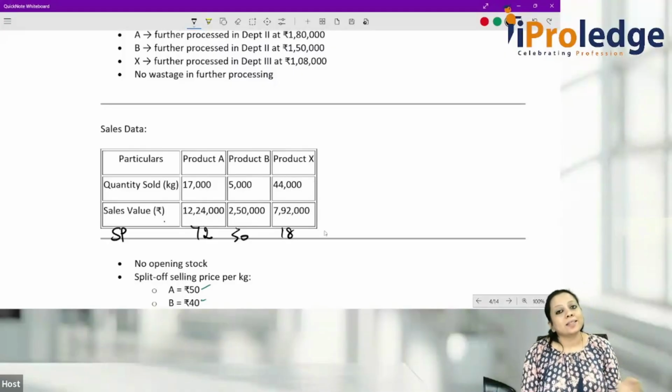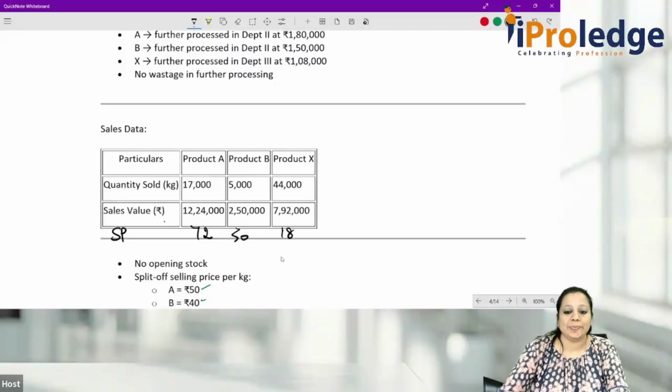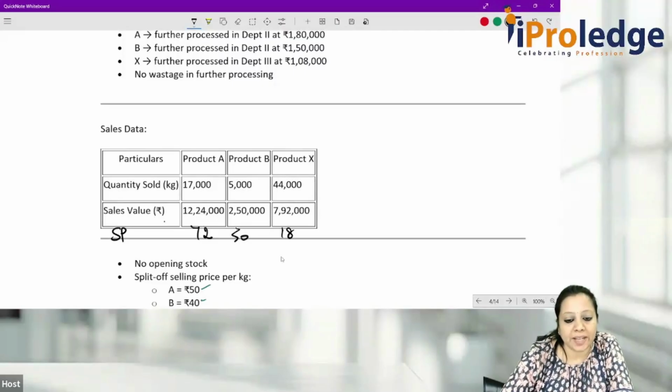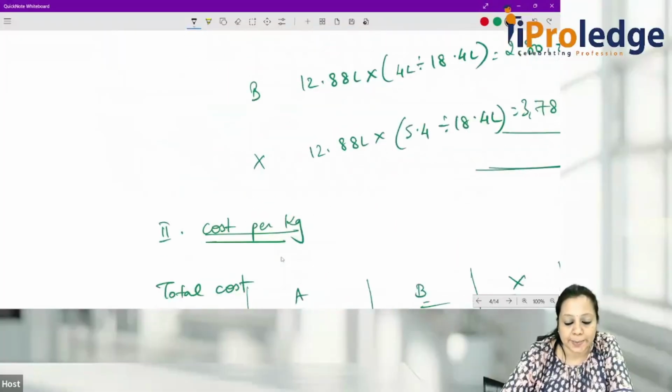Isn't it, students? Just like a friend said, because of comparison only, I'm taking 18,000 in both places. So 72, 50, and 18.